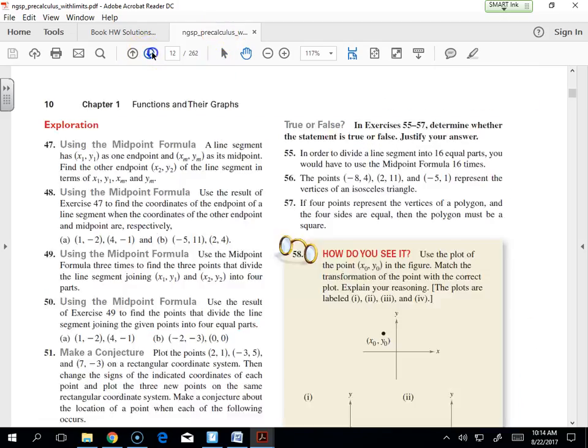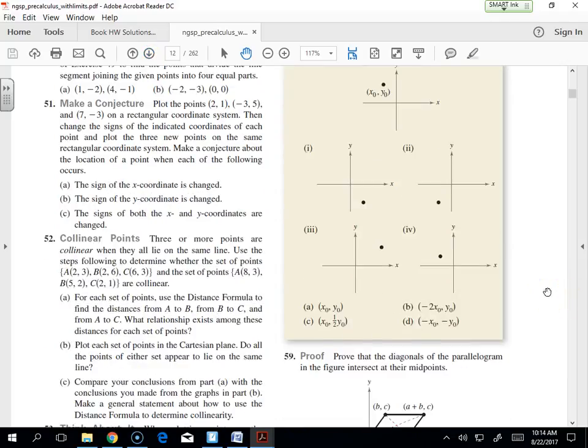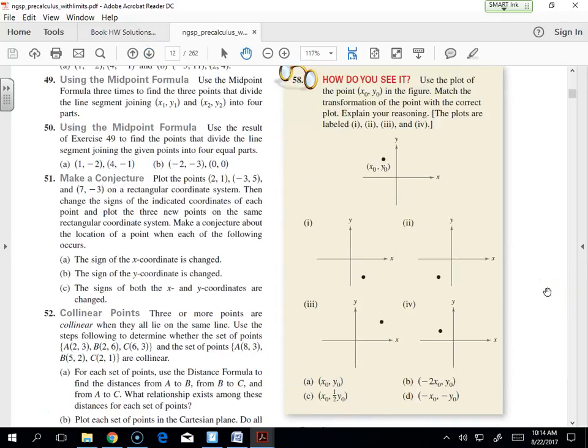Okay. 58 gave us, whenever you see how do you see it, it's definitely going to be something abstract. Maybe I should just pull this up. So you guys, hopefully if you have not yet already, and if you have your book, you've already changed this to reflect x sub 0, negative y. Okay. Why is it a little bit hard? Where are the numbers?